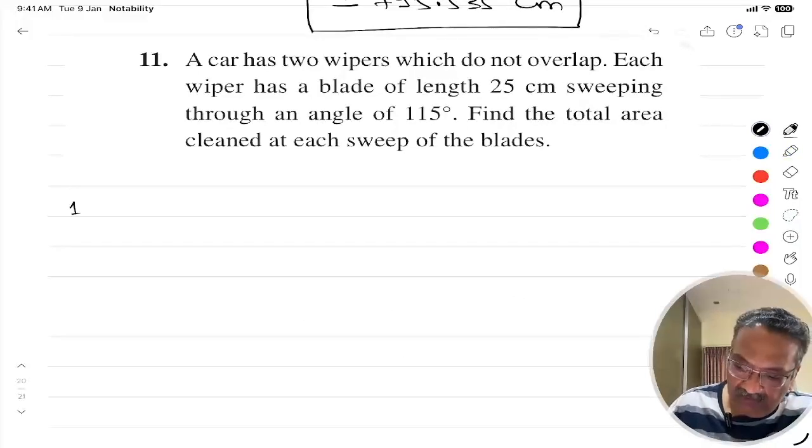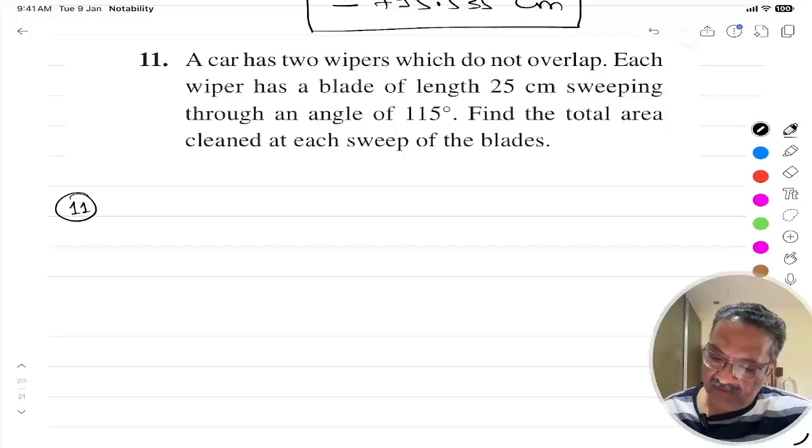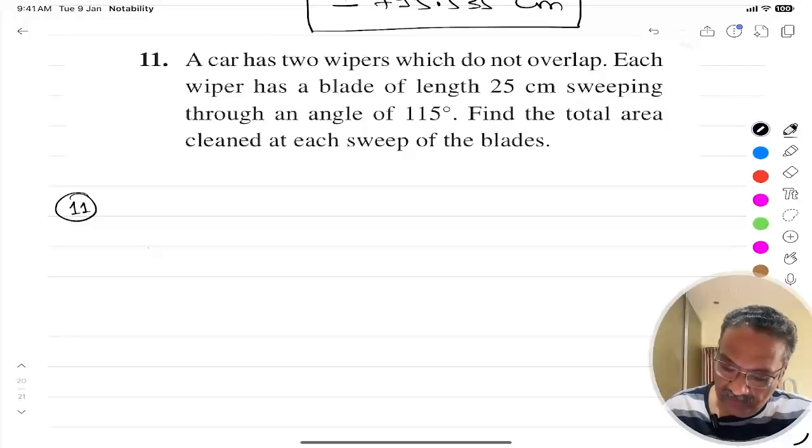What does it say? A car has 2 wipers which do not overlap. Each wiper has a blade length of 25 centimeter sweeping through an angle of 115 degrees. Okay, so the car wiper sweeps like this.